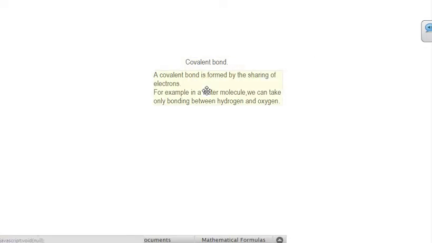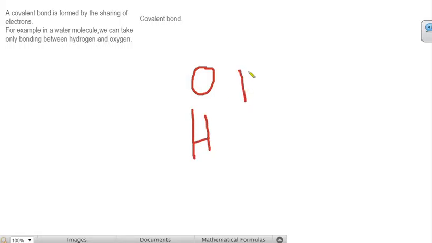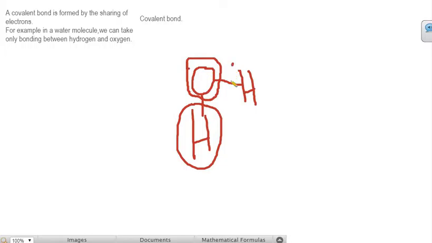Let's just move these two over here. Now let's draw the water molecule. This is O, this is H, and this is H. Sorry for my improper drawing.